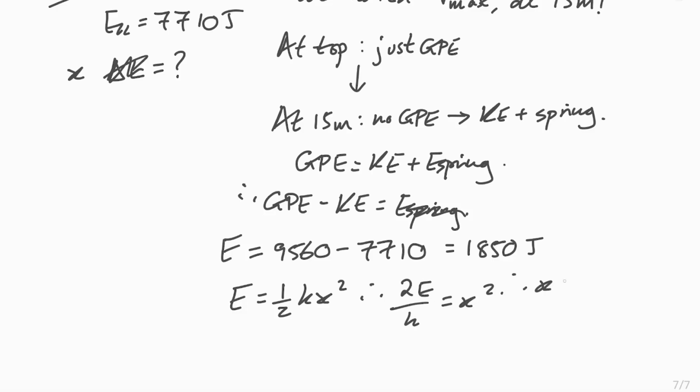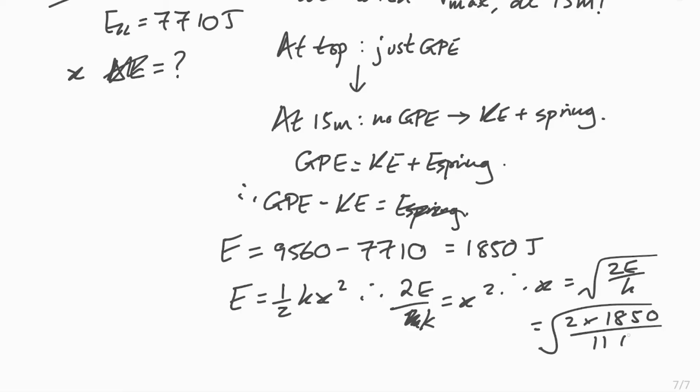So X is equal to the square root of 2E over K. That is the square root of 2 times 1,850 divided by that 110, the spring constant. What does that give us? 5.8 meters. There we go.